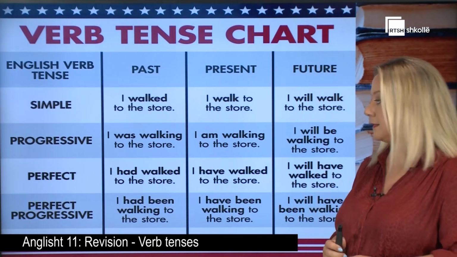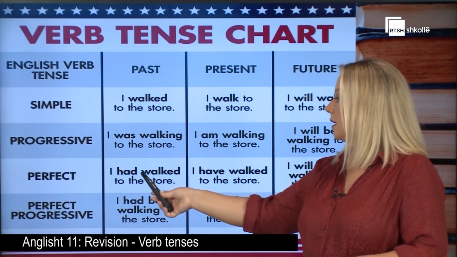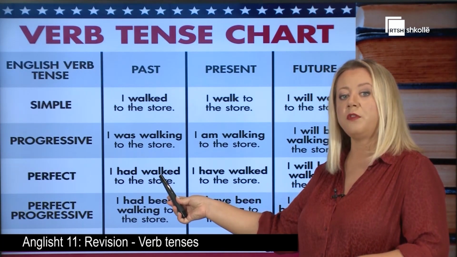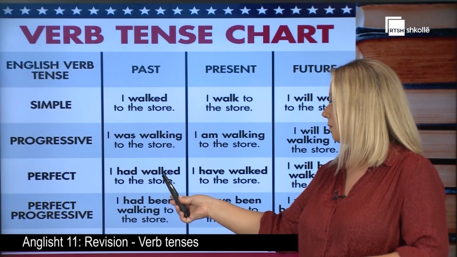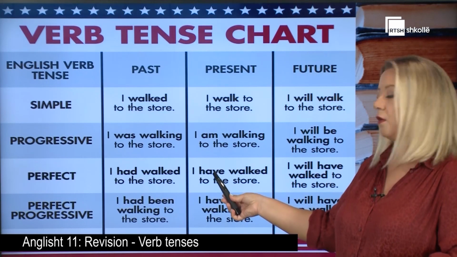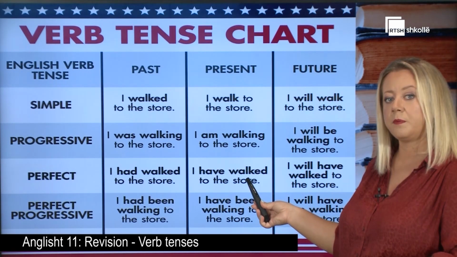The perfect tenses. The past perfect is used with had as an auxiliary plus the past participle of the verb to be conjugated. The present perfect is used with the perfect form of the verb to have plus the past participle of the verb.